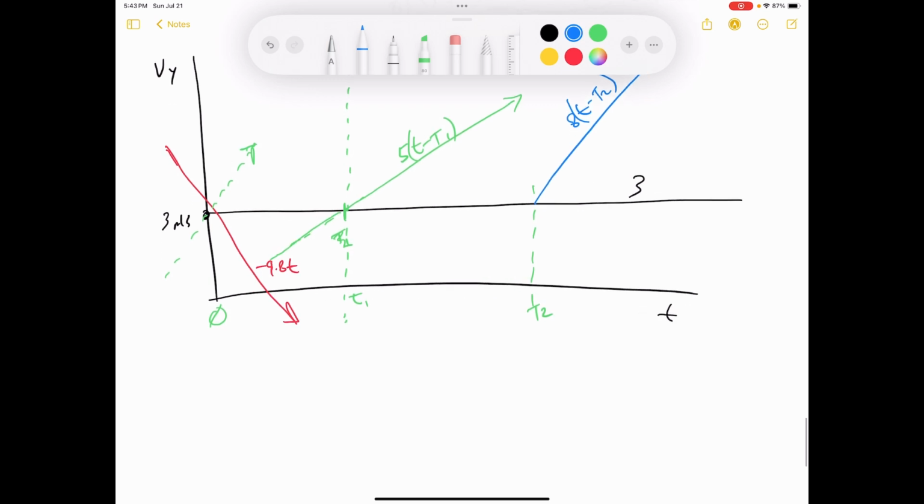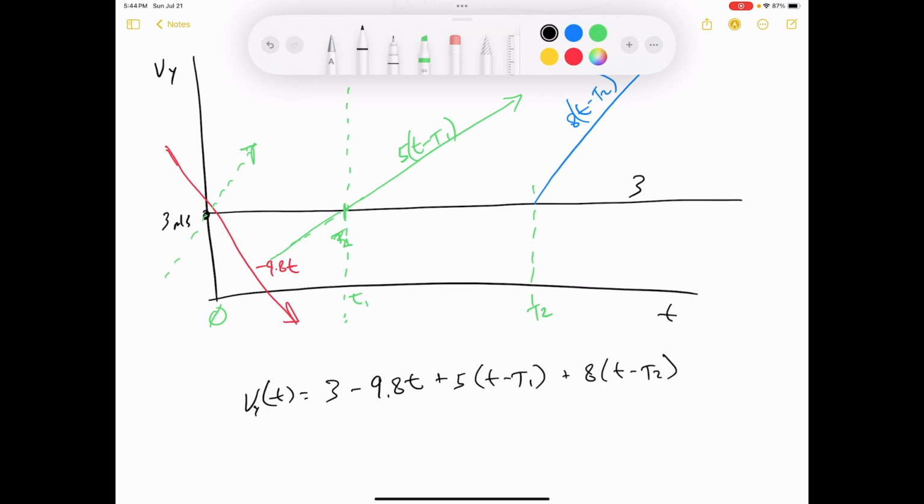And so you can put those three functions together. You could say my velocity in y as a function of t is my initial velocity 3, minus 9.8t, which is gravity, plus 5 times t minus t1, which is the green force, whatever that may be, and then plus 8 times t minus t2.